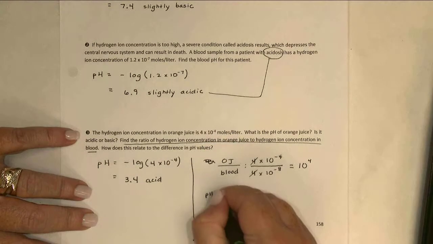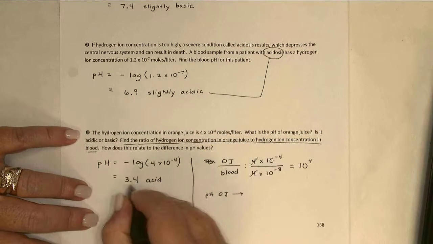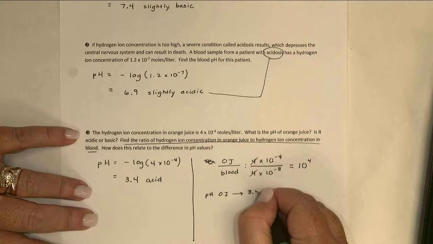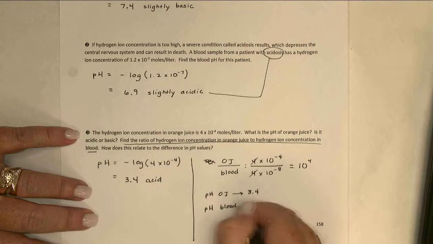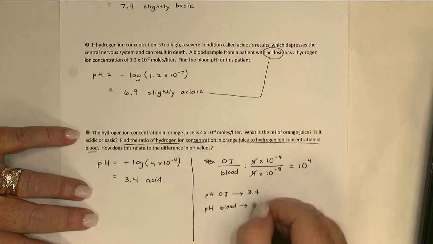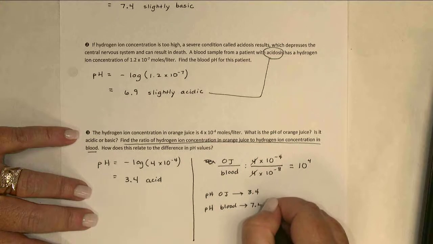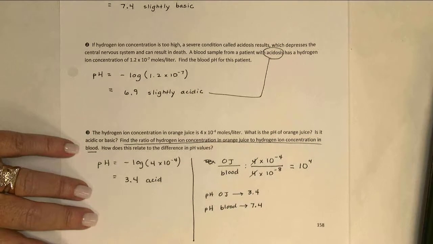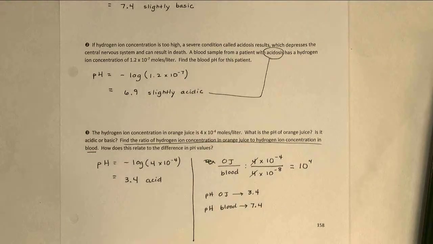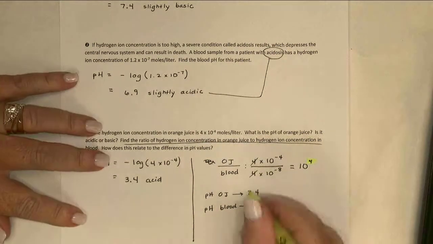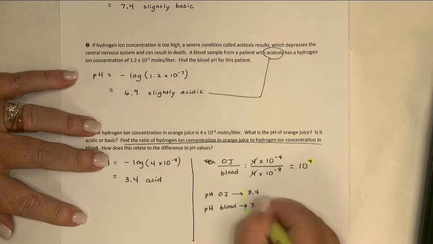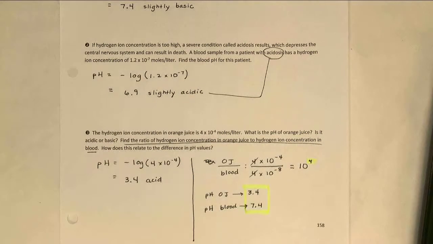The pH of orange juice that we just saw here was 3.4. And the pH for blood that we saw back in the very first problem on this page was 7.4. And what I want you to particularly notice is the exponent is exactly the same as the difference between the pH values.